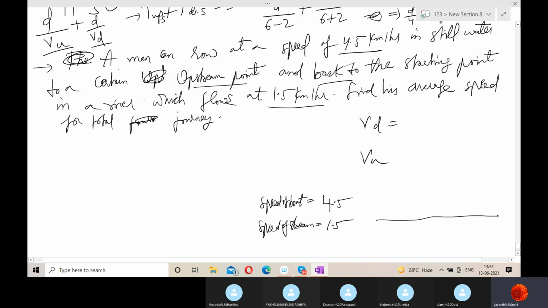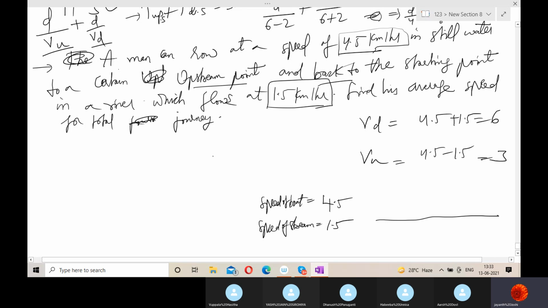So this is the speed of the boat, very clearly given. That means he can row at this speed in still water to a certain upstream point. He will go up and come down, and the river is flowing at this speed. So speed downstream is 4.5 plus 1.5, speed upstream is 4.5 minus 1.5. This is 6, this is 3. Correct? Now we have both the things.